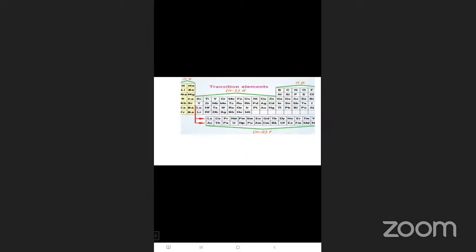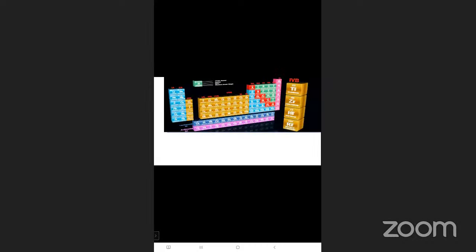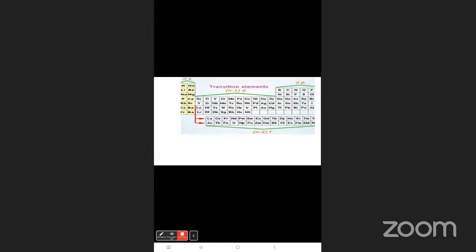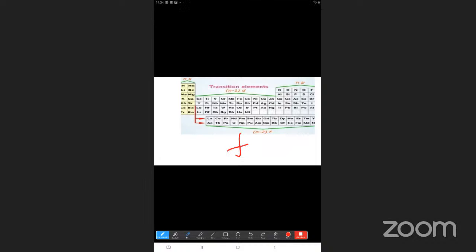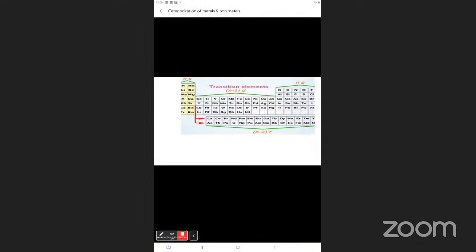Now here you can observe the F block elements, the bottom portion of the elements. Why are these elements separated from the periodic table? Why are we not including these elements in the main periodic table?